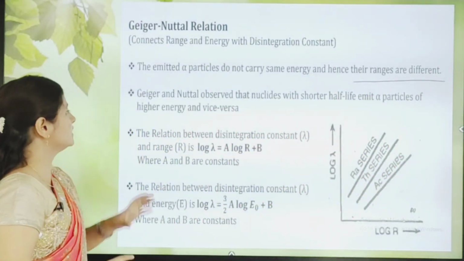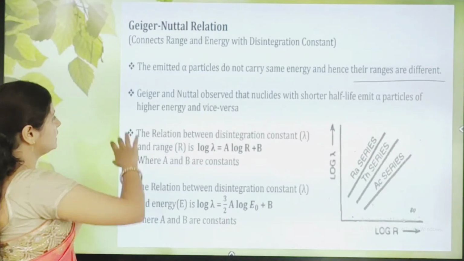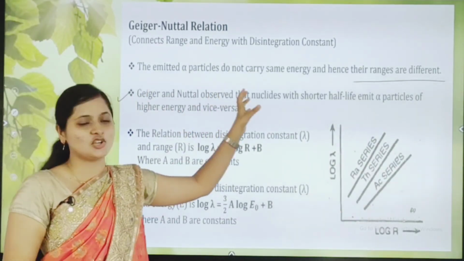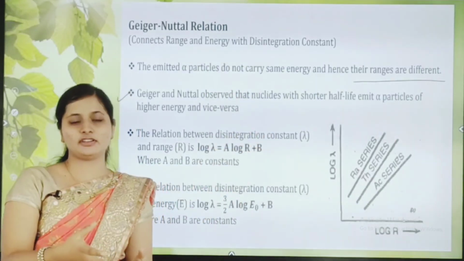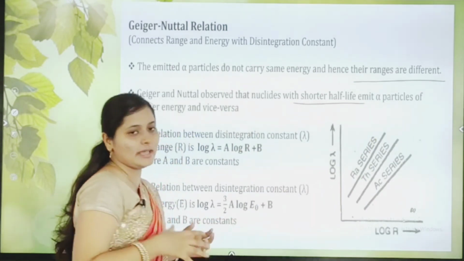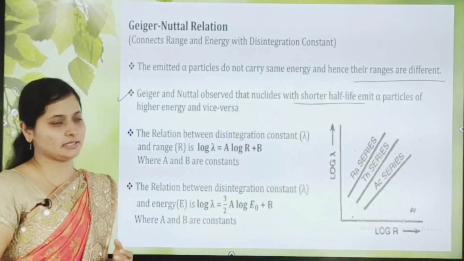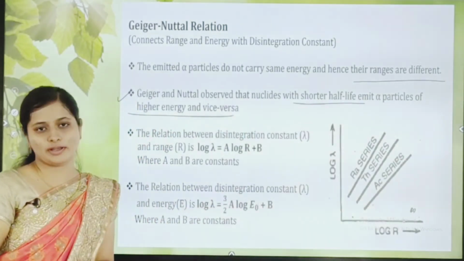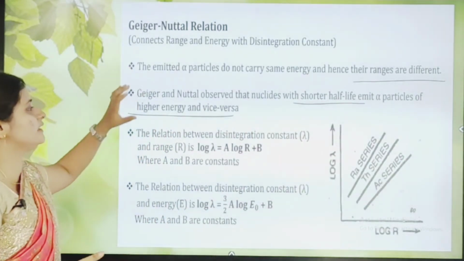Next, Geiger and Nuttall observed that nuclides with a shorter half-life emit alpha particles of higher energy and vice versa.